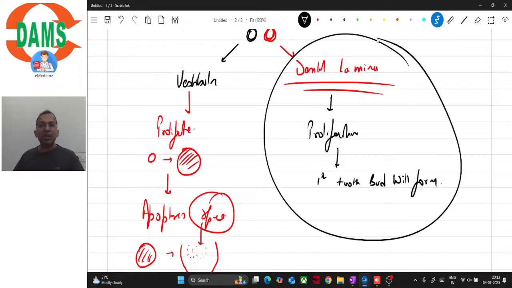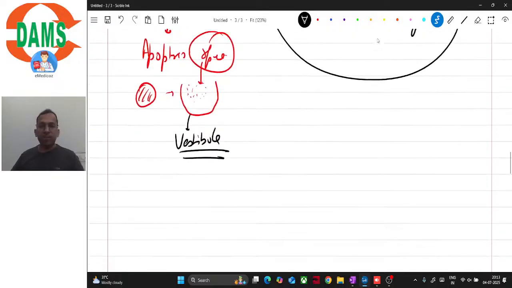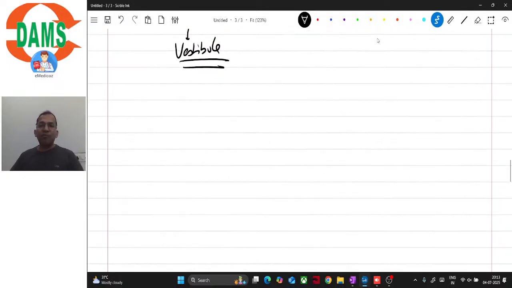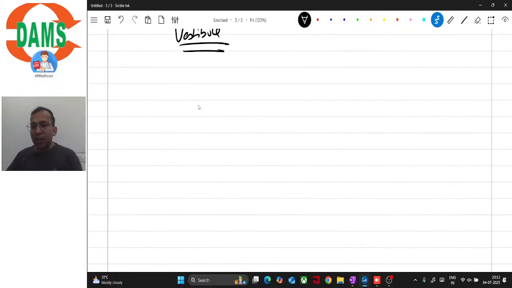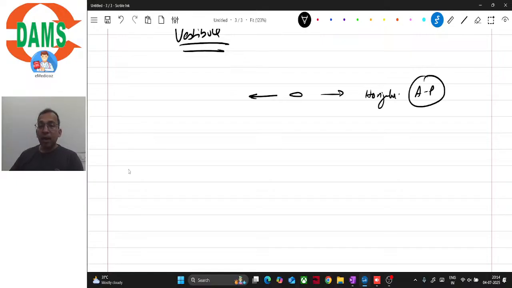So let's go to this process, the process of the tooth formation. Up till now, what we have studied is that during the establishment of the primary epithelial band, the plane of mitosis was horizontal, or you can say in the anterior-posterior direction. Once the epithelial band is established, the plane of mitosis changes, isn't it?